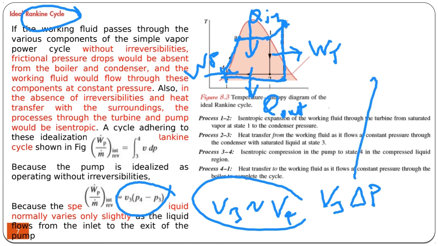So we have two pressures here, one condenser pressure and one boiler pressure. The product of this will give you the pump work per unit mass of the fluid.